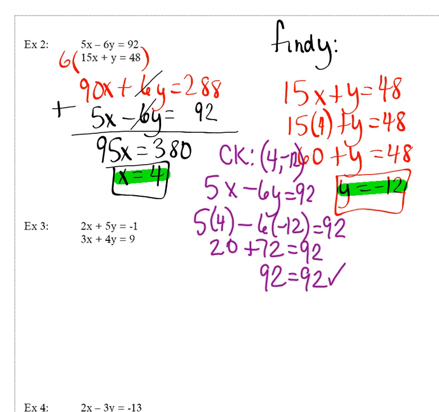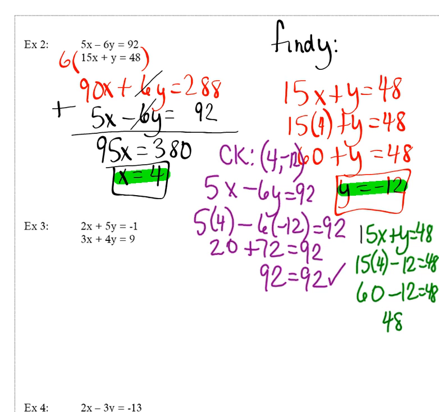Let's look at the other equation, 15x plus y equals 48. 15 times 4 minus 12. 60 minus 12 and 48 equals 48. Check.